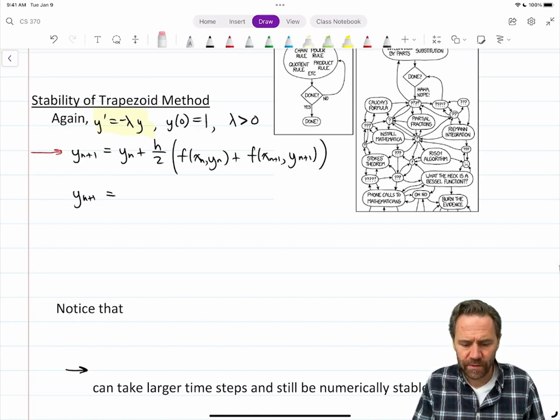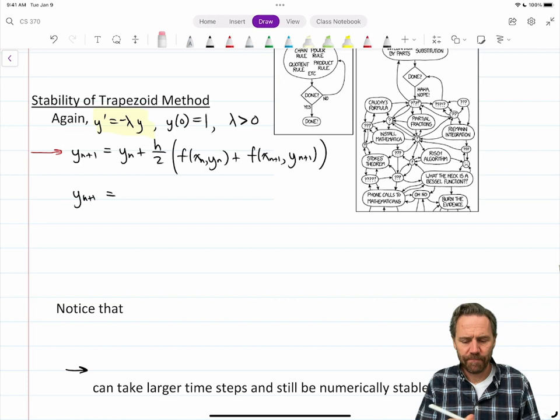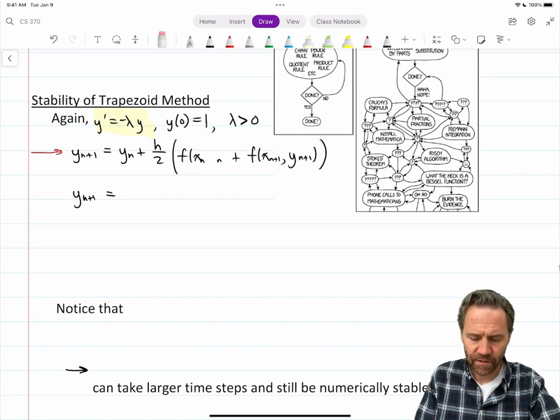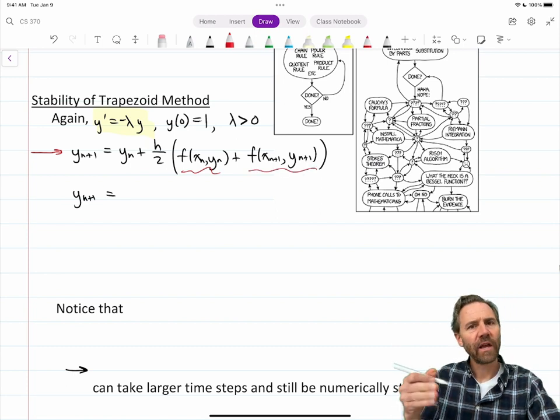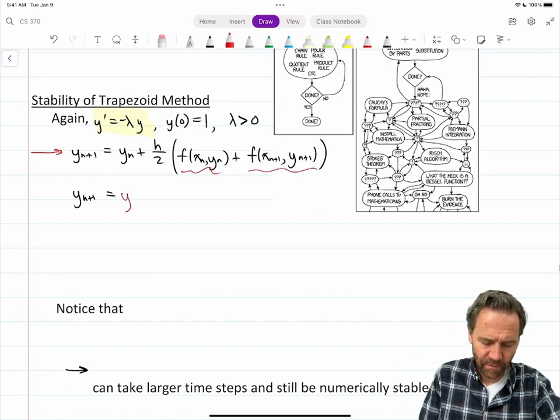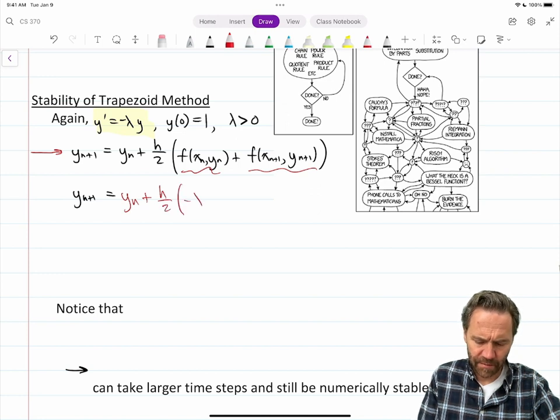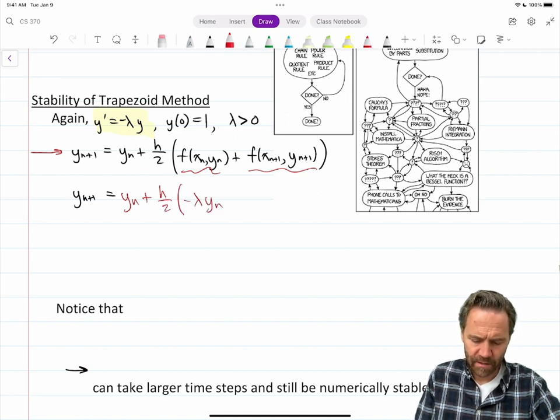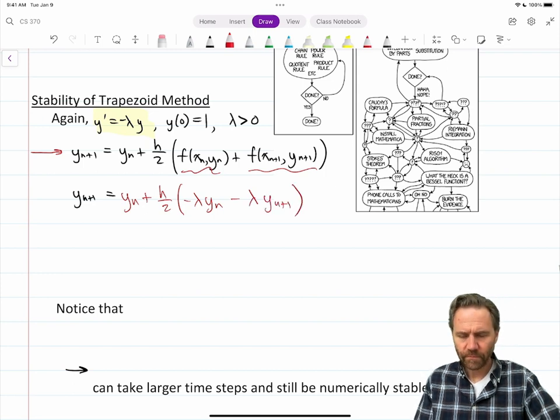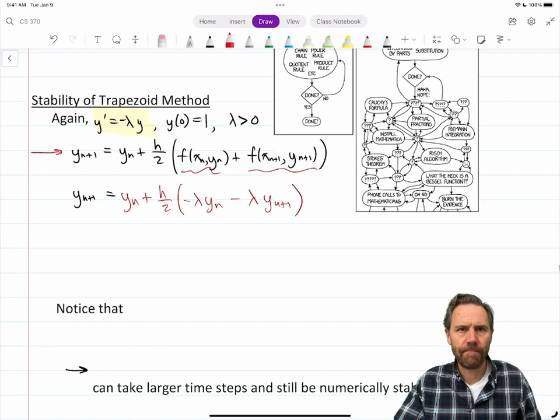Since we're using the simple test equation, we know what these f's are, so we can just plug in the formula for f. So y sub n plus h over 2 times negative lambda yn minus lambda yn plus 1.